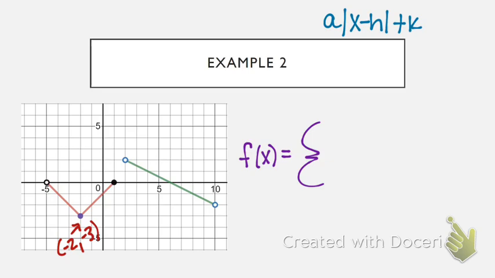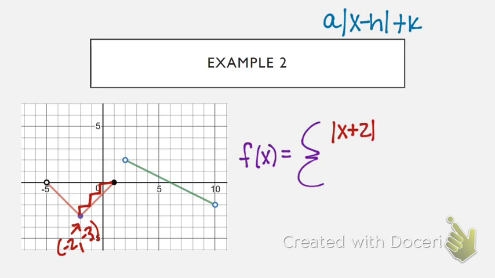For an absolute value I need to know my a value and my vertex. My a value is the slope of the lines. So my slope of the line is just 1. Since it's just 1, I don't need to write 1 instead of a, so I'm just going to leave it off. But my vertex is negative 2, negative 3.